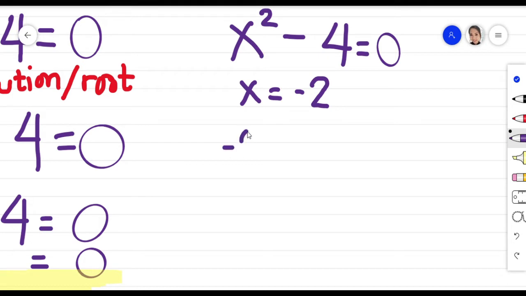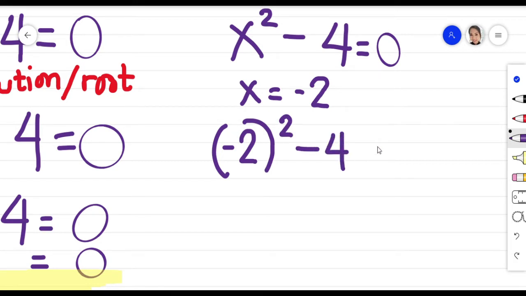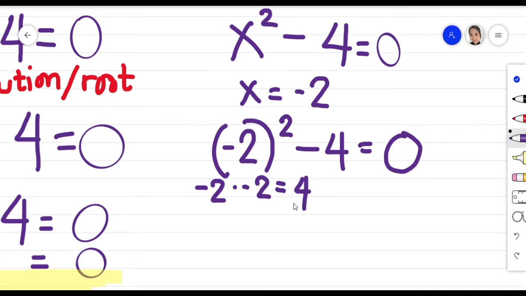So that becomes negative 2 raised to a power of 2, copy minus 4 equals 0. Now, negative 2 raised to a power of 2 means we have to write two negative 2s and then multiply them. So negative 2 times negative 2 is equal to positive 4. So 4 here, and copy minus 4 here.